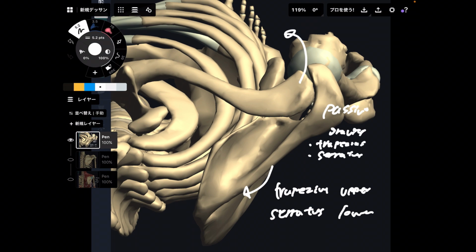It makes sense because external rotation is accomplished by the trapezius upper fiber and serratus anterior. If these muscles relax, that can bring internal rotation. What about the active factor? Okay, the active one is levator scapula, levator and rhomboid.